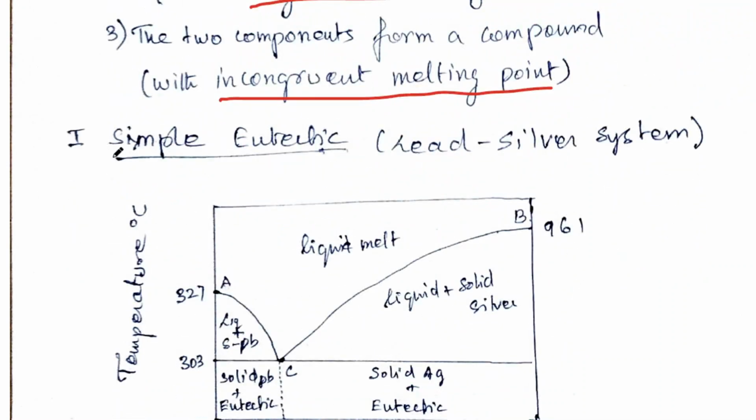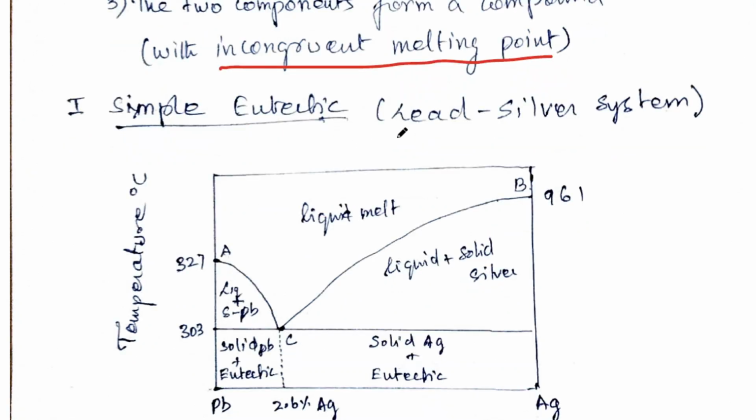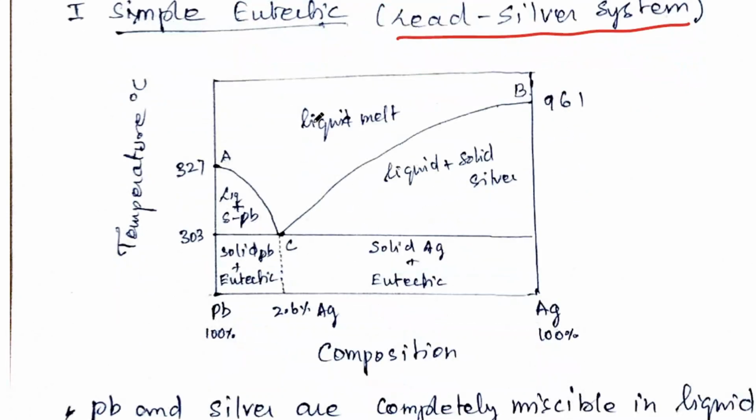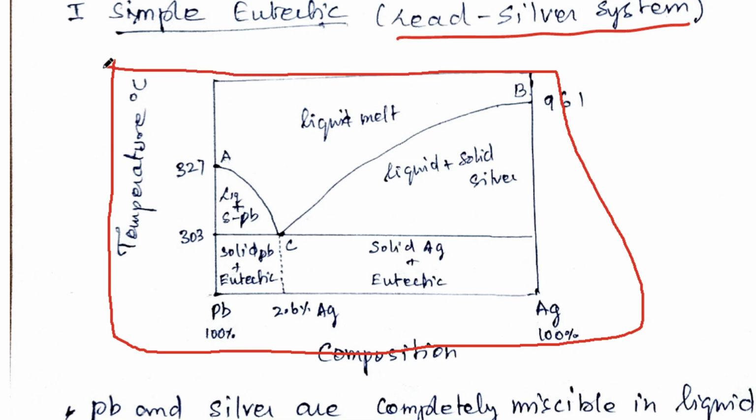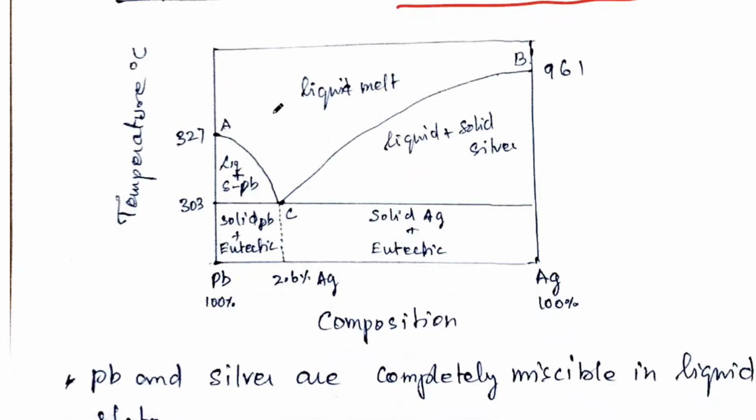First, let us see the simple eutectic system. I am not taking a general form of simple eutectic system. Straight away I take the lead silver system and I explain how a simple eutectic system works. And this is the phase diagram of lead silver system.